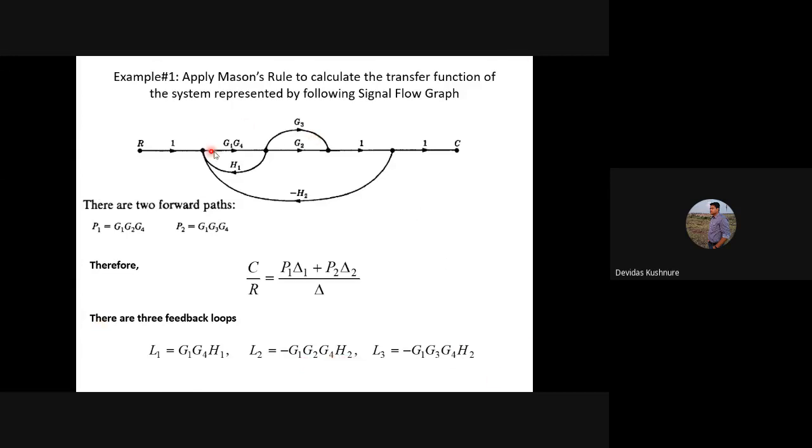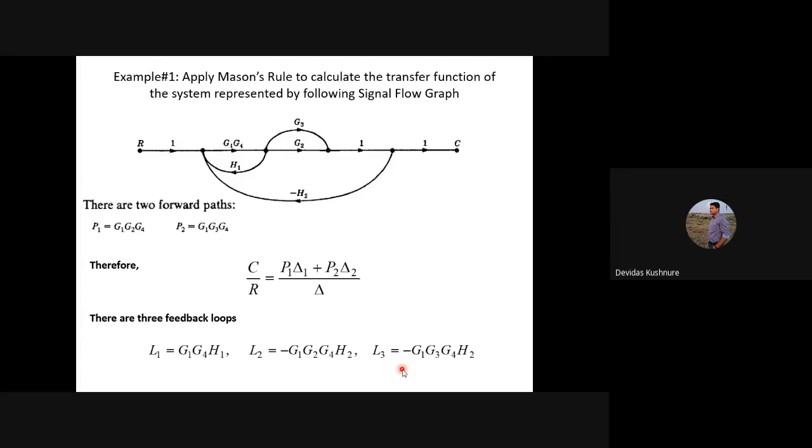You can see G1, G4, G3, and the same path is terminated at the node where it was started. So G1, G4, G3 into minus H2. This is a negative sign. Okay, so those are the individual loops.